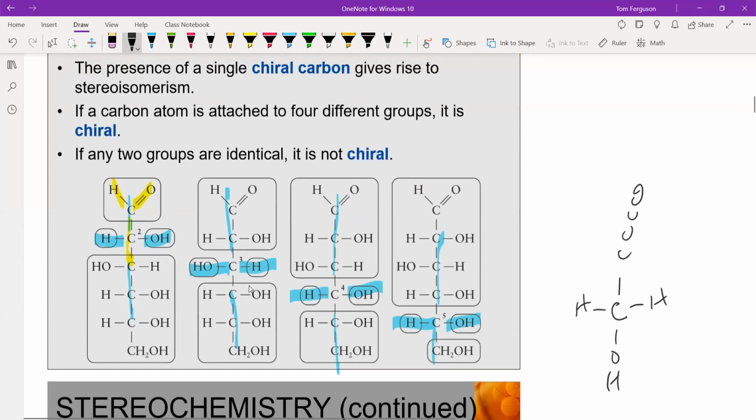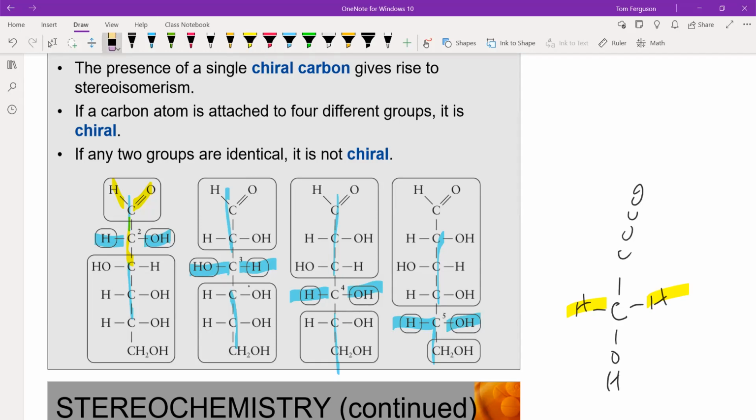I have a question. Yeah. What do you mean by unique? Like, can you point out unique versus not unique? Different. H, they're the same, right? Yeah. Not unique. Okay, so if it was like H and OH right there, it'd be unique.